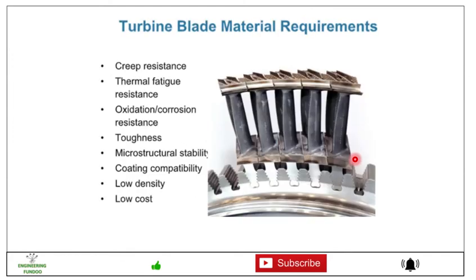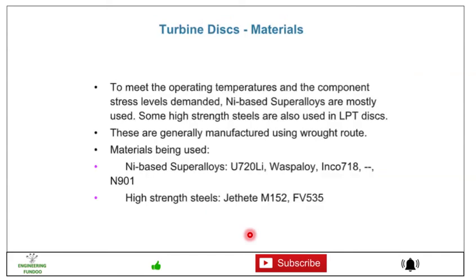Then turbine blade material requirements. As we have discussed, creep resistance is the basic requirement. Then thermal fatigue resistance, oxidation corrosion resistance, toughness, microstructural stability, coating capability, low density and low cost. These are the basic primary requirements, and the materials must meet the operating temperature and component stress level demanded. So nickel based super alloys are mostly used.